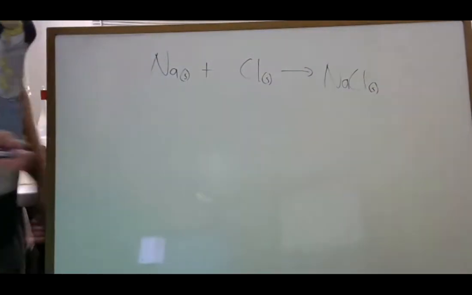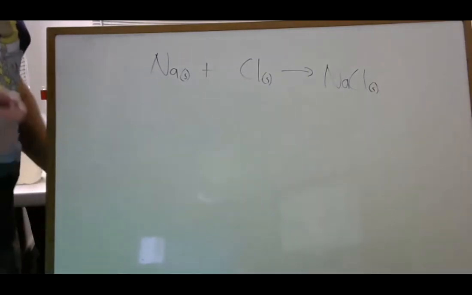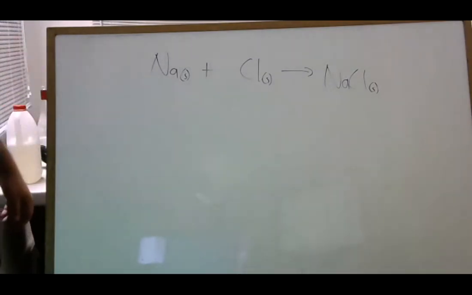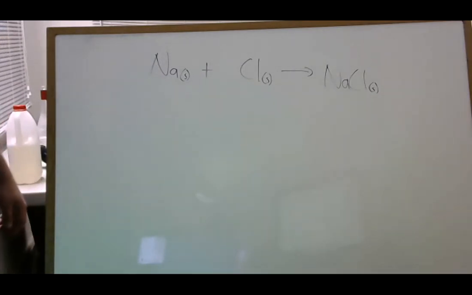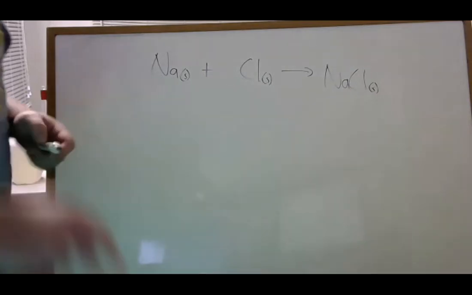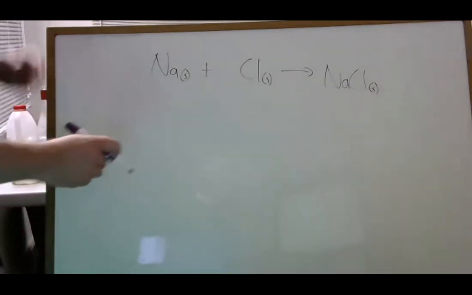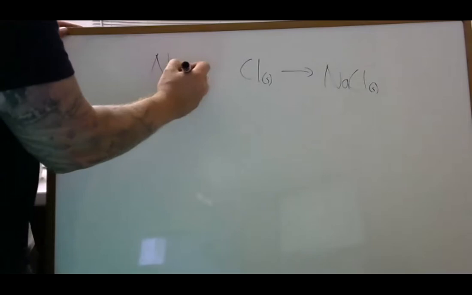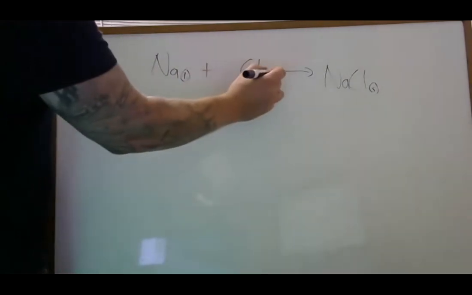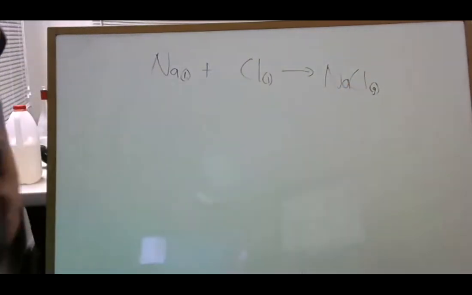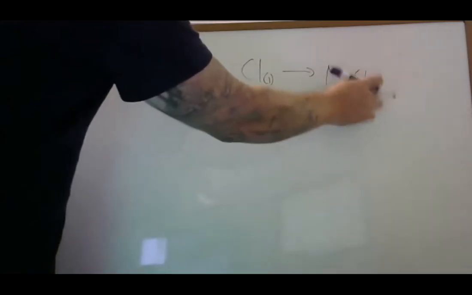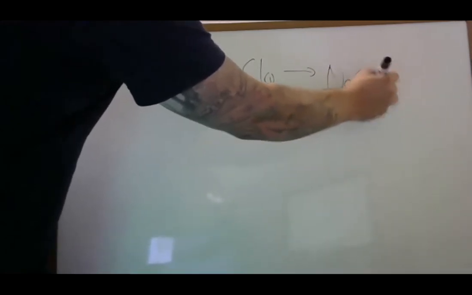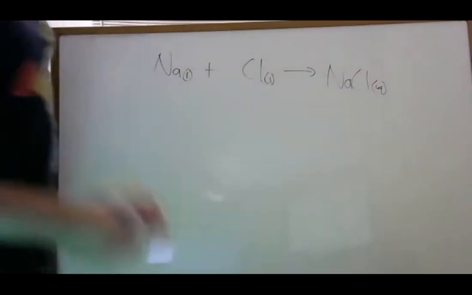What would I put in the brackets if it was a liquid? I would just change it to an L. If it was a gas, I'd put it in as G. If it was NaCl dissolved in water, I would put it as aqueous. Okay.